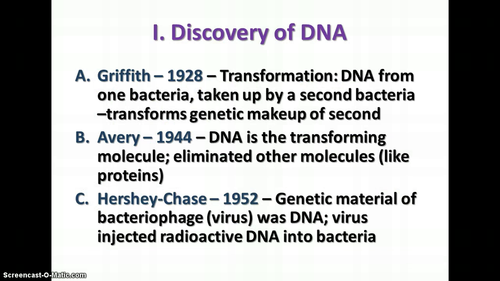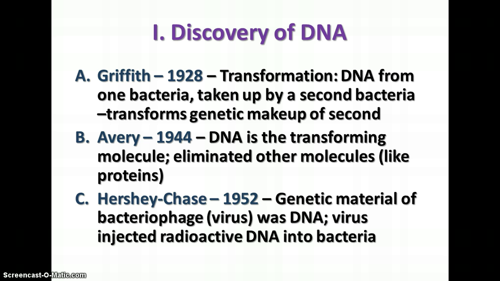So back in 1928, a scientist named Frederick Griffith was studying bacteria, and he discovered that he had two different strains of the same species of bacteria. One strain caused disease, the other strain did not. And he took some of the killed disease-causing or pathogenic bacteria and put them in with the non-disease causing bacteria.